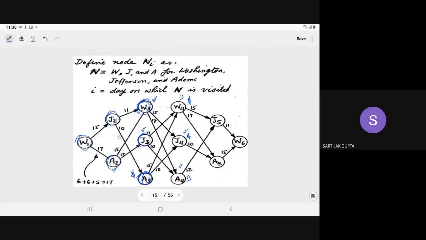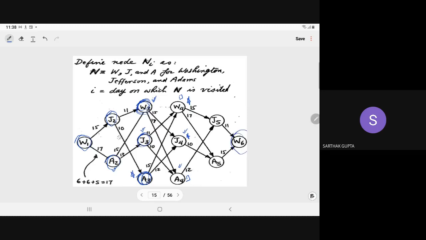Then in the evening of the fifth day, we are at the base of the Washington, so we are writing it as W6. So on the first day you have visited W1.